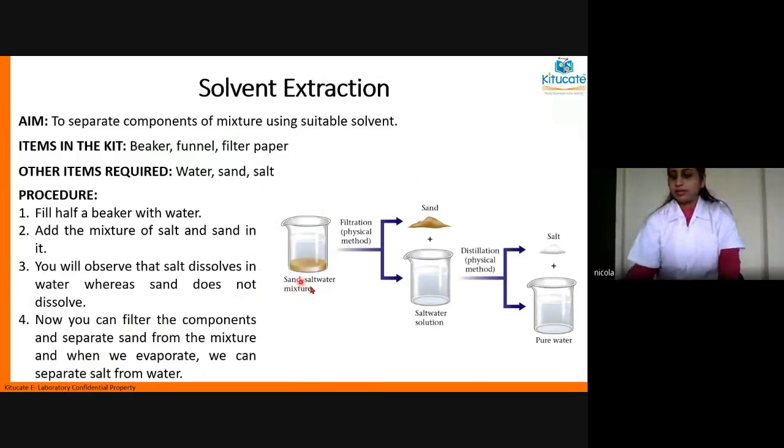See, after this, all right, the next experiment is solvent extraction.